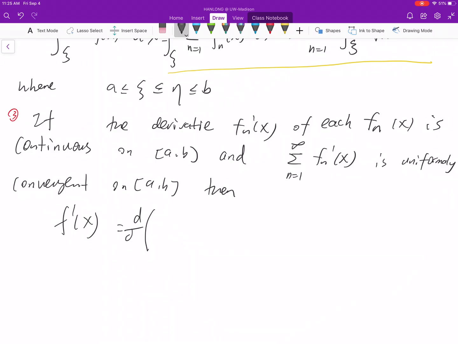This is d/dx of the summation of a_n x^n. This can be computed by the summation of derivatives of each term.